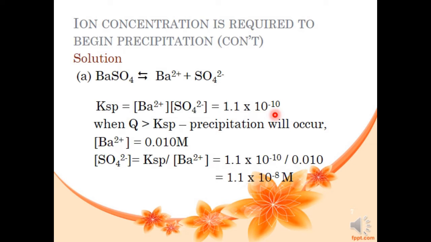Now the rule is precipitate will form if the reaction quotient Q is larger than the solubility product constant, Ksp. You are given the concentration of barium just now, right? Question A is asking what is the concentration of sulfate in order for the precipitate of barium sulfate to form. So we rearrange because we have the Ksp value, we have the barium 2+ concentration.